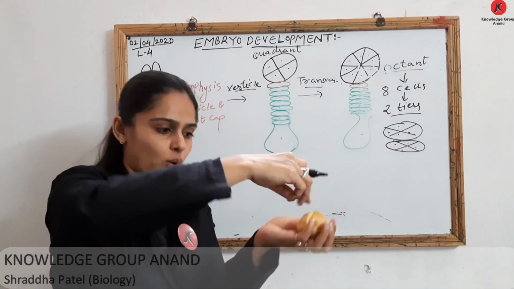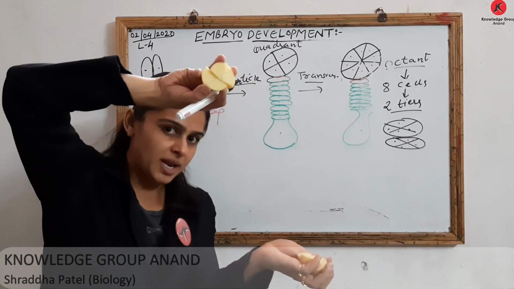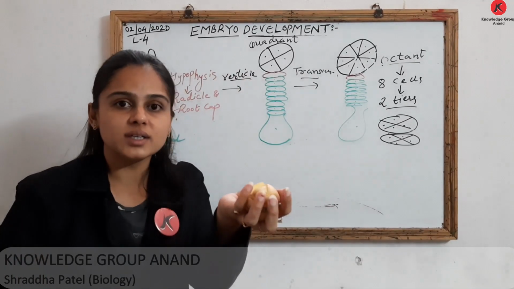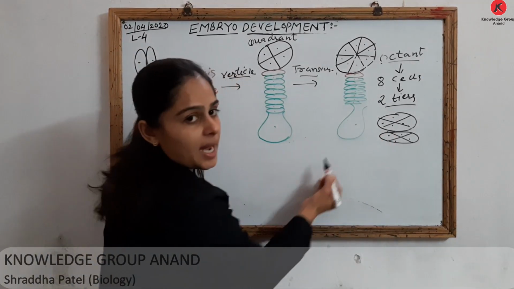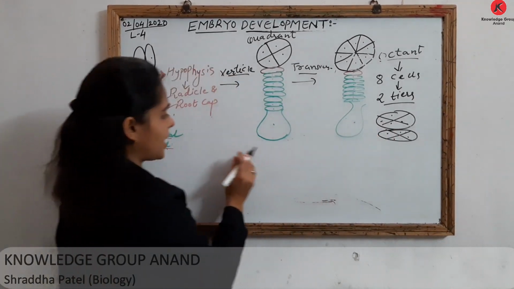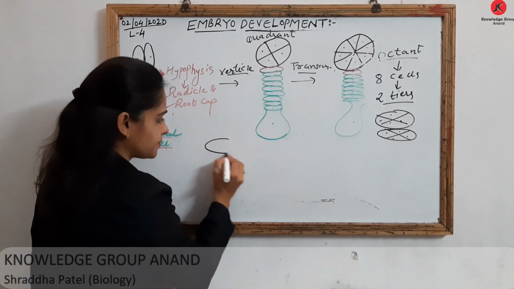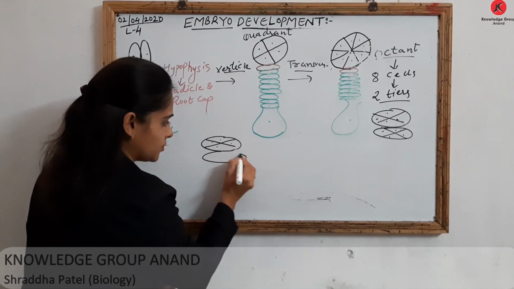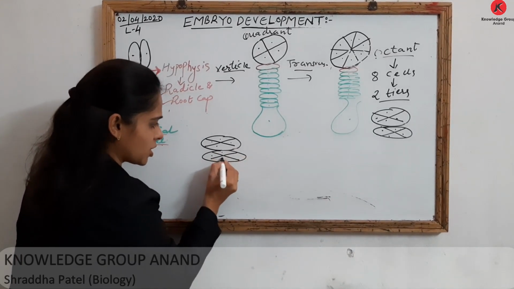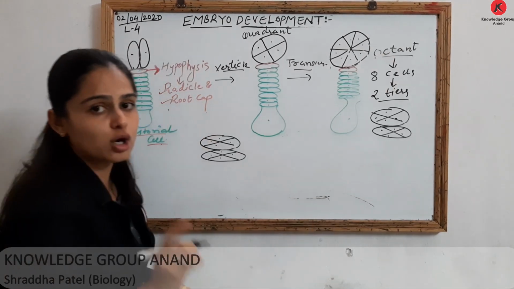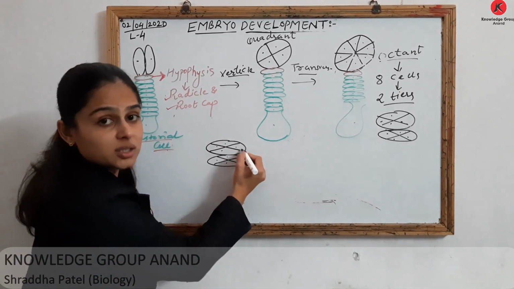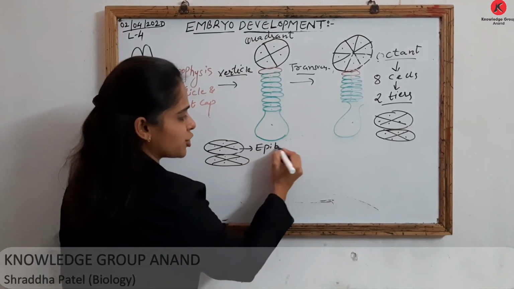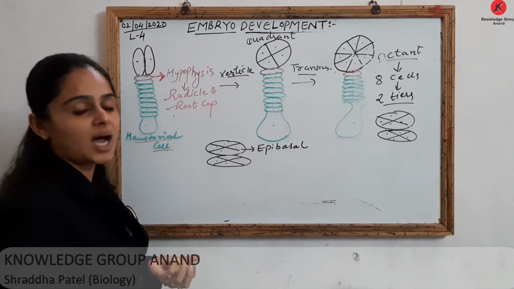This 4 represents your upper tier and this represents your lower tier. This is your 4 cell structure all together. Of course, it is called your octant. Now the upper tier, this one, is called your epibasal tier.